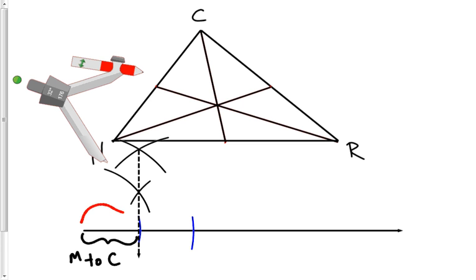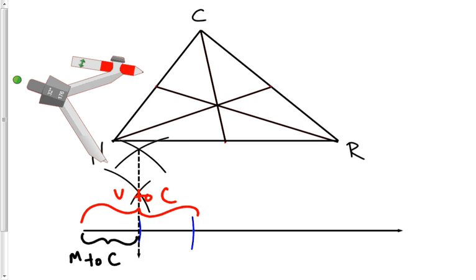And this distance was from the vertex to the centroid. So what we're seeing is the midpoint to the centroid is half the distance of the vertex to the centroid. And we could do this with the other two medians and see the same thing.